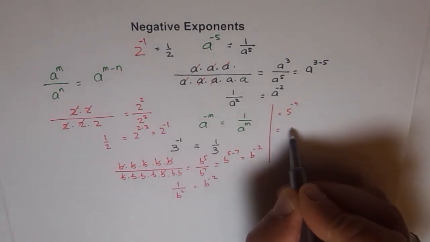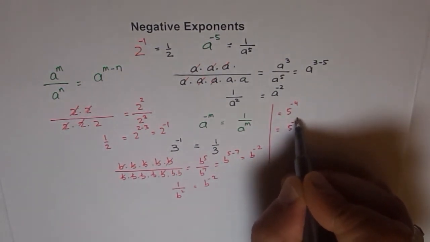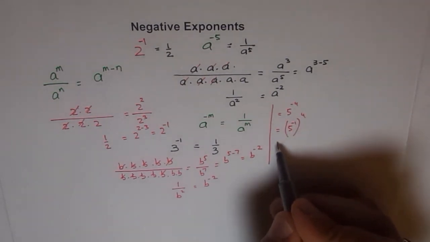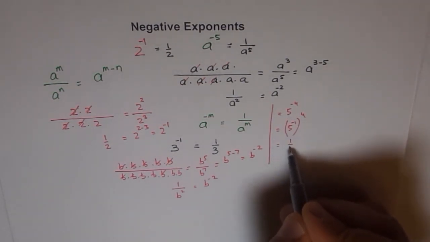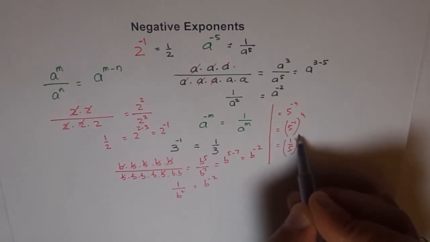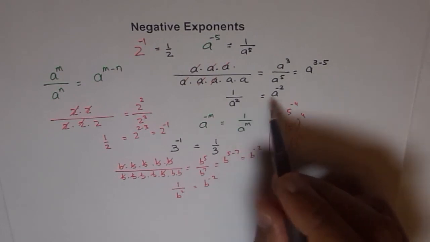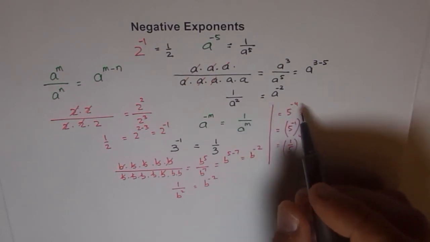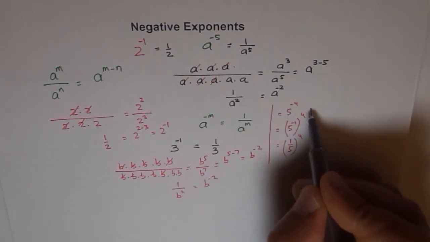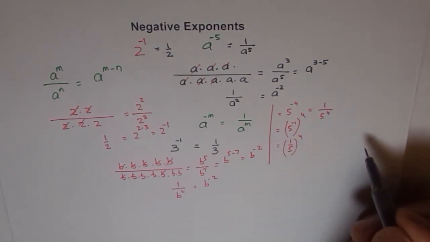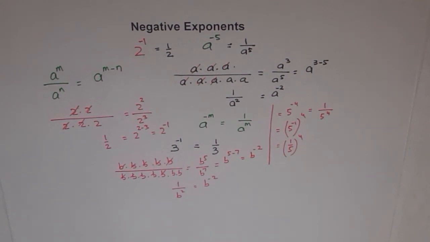I could write this as 5 to the power of minus 1, raised to the power of 4. And this minus actually makes the reciprocal, to the power of 4. This is another way of looking at the same thing. So 5 to the power of minus 4 is equal to 1 over 5 to the power of 4, correct?